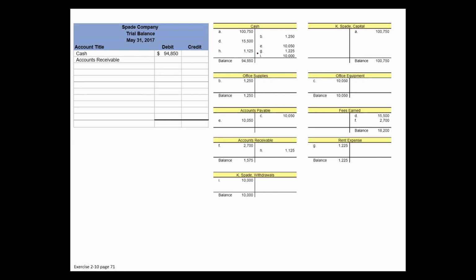We did cash. Then the accounts receivable we have is $1,575 because that's what we're still owed. Then we have office supplies, $1,250. Office equipment in the amount of $10,050.